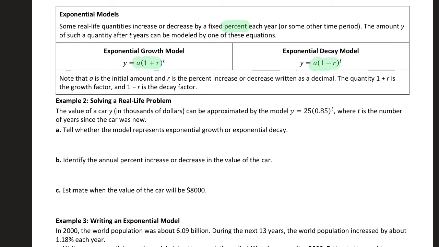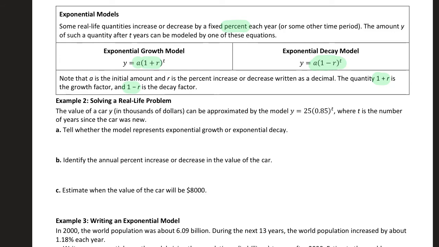So if something's going down by 9%, we're left with 91% of it after each year. A is the initial amount, R is the percent increase or decrease as a decimal, so 1 plus R makes our value bigger than 1, and 1 minus R is decay because it's smaller than 1.